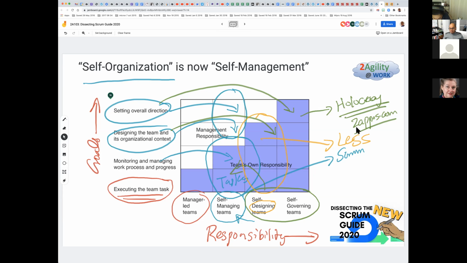Well, if you're talking about responsibility versus accountability, I think it goes back to the RACI. Are you familiar with that? Again, the RACI is not a construct that we use for Scrum. These are past constructs that we move away from.